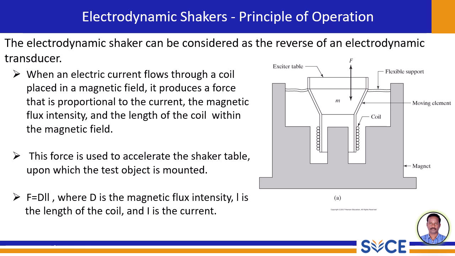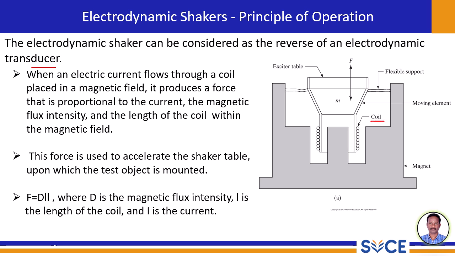Now, let's shift our focus to a different type of vibration exciter, the electrodynamic shaker. Interestingly, an electrodynamic shaker can be thought of as operating on the reverse principle of an electrodynamic transducer. Like a loudspeaker, a fundamental principle behind its operation lies in the interaction between electric current and the magnetic field.